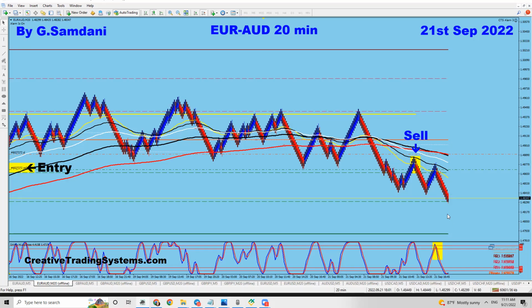It didn't move much, but usually after I make the entry like that in this kind of pair, EUR-AUD or pound Aussie, within hours I'll get around 70, 80 pip, and then 100 pip, even more than 100, because these pairs have a bigger daily range. This pair has a daily range around 140, pound Aussie even more. So getting a 100 pip trade out of these is not a problem.